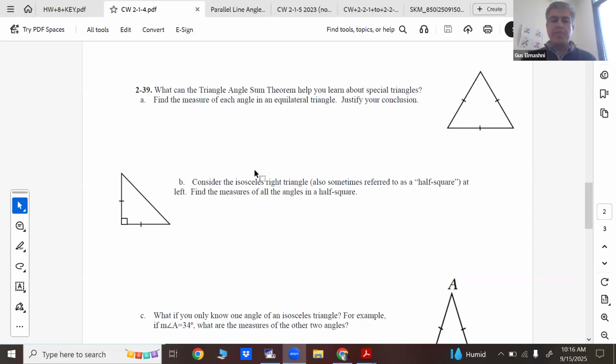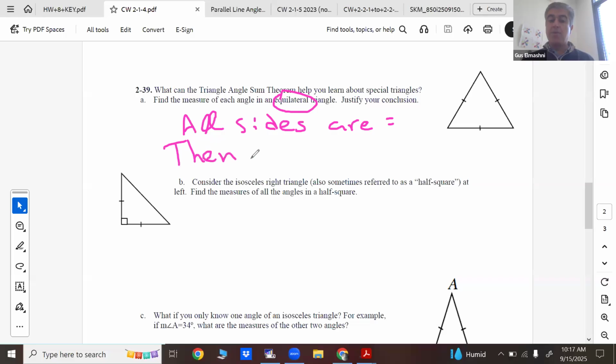So for 239, what can the triangle angle sum theorem help you learn about special triangles? If it's equilateral, it means all sides are equal. We know this. So what does that mean about the angles? Then all angles are equal, right?